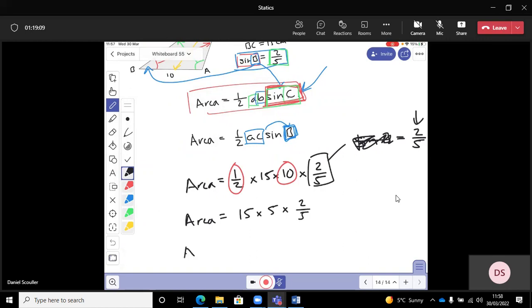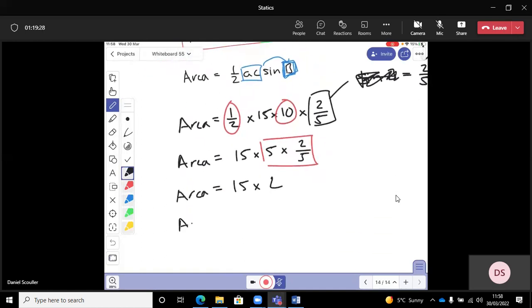We can do 5 multiplied by 2 divided by 5. So we can just do these two bits. 5 multiplied by 2 is 10, divided by 5 leaves us with 2. The area will be 30 centimetres squared.